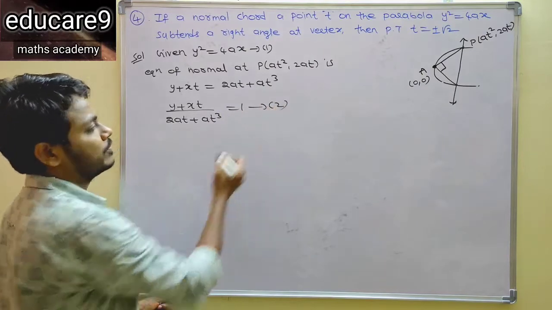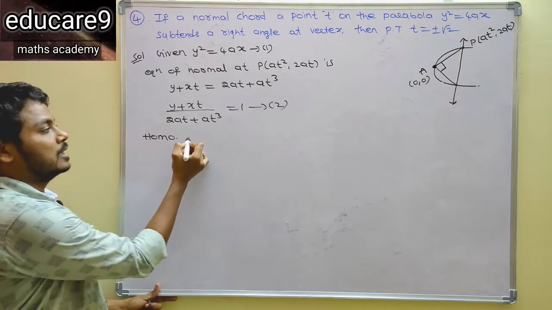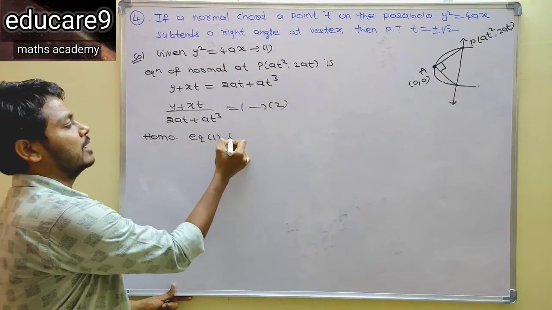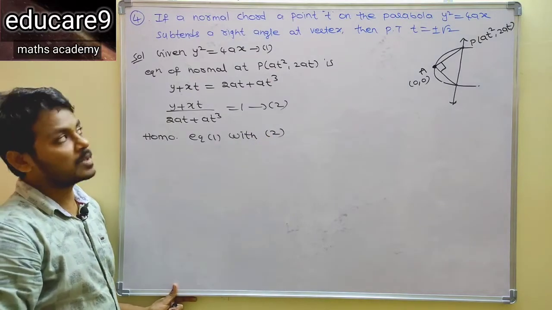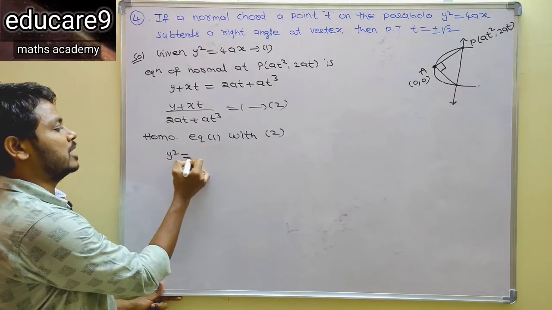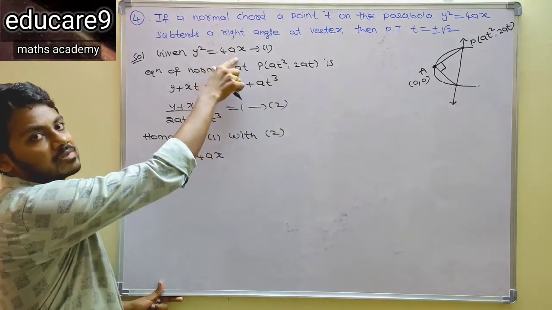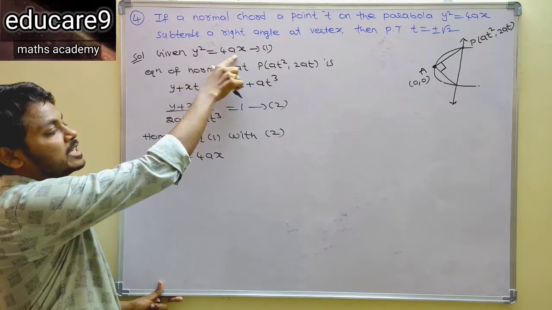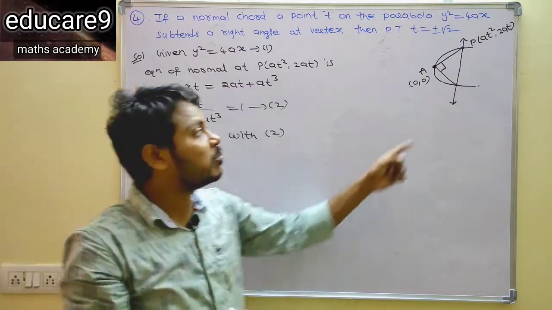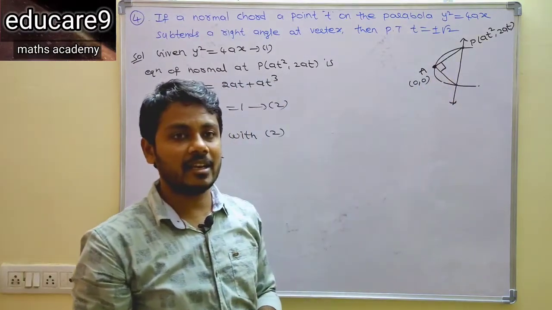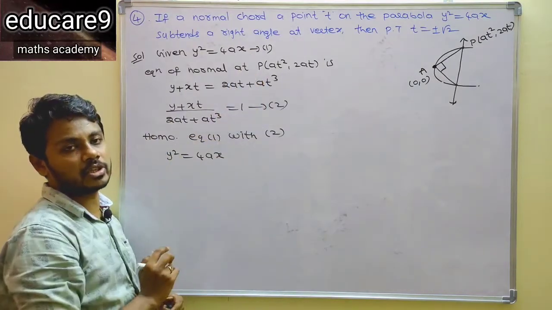This is equation 2. Now homogenizing equation 1 with equation 2, that is y square is equal to 4ax. So clearly this is not a homogeneous equation. So change it into a homogeneous equation, because every homogeneous equation passes through the origin. That's why we are homogenizing equation 1 with the help of equation 2.